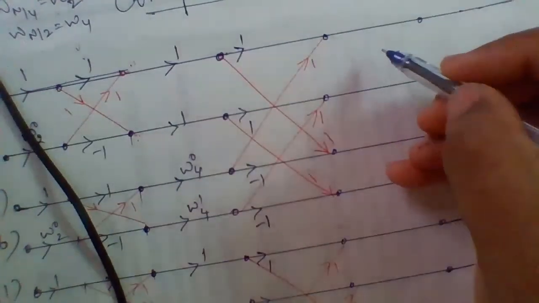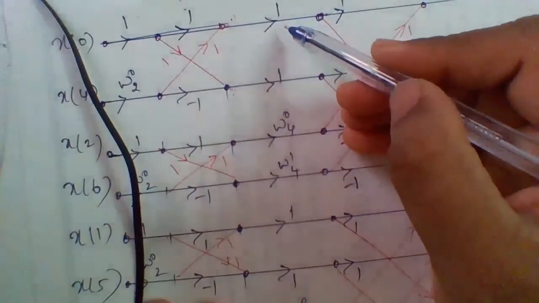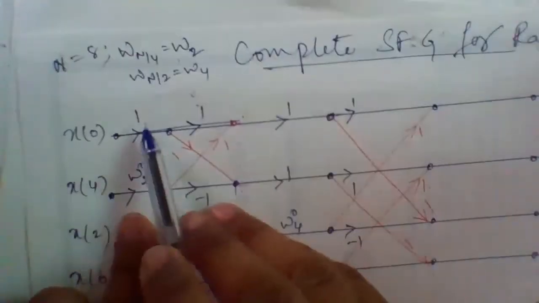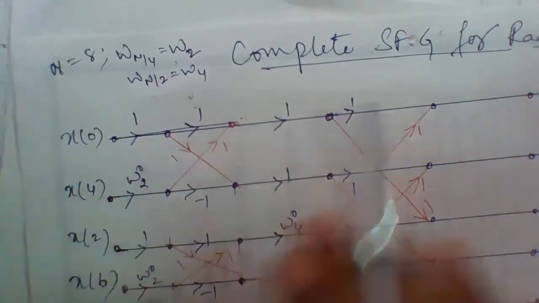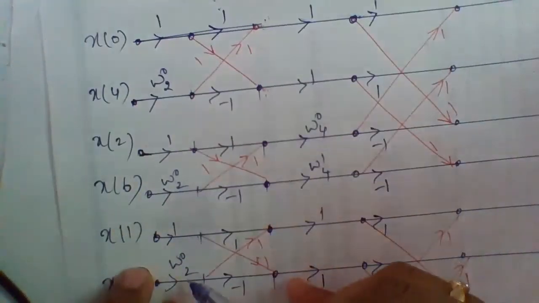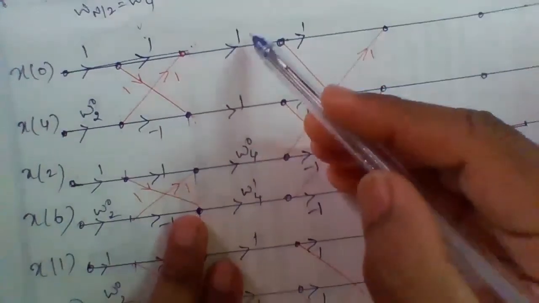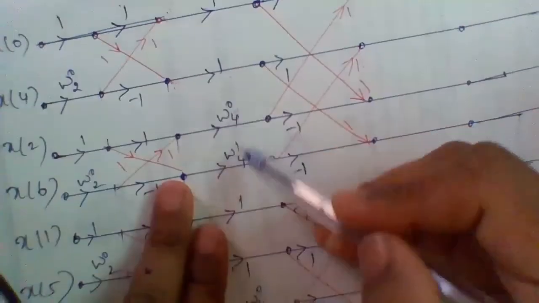Now observe from the first stage: here I have 1, W raised to 0, 1, W raised to 0, 1, W raised to 0. In the second stage it was 1, 1, W raised to 0, W raised to 1.